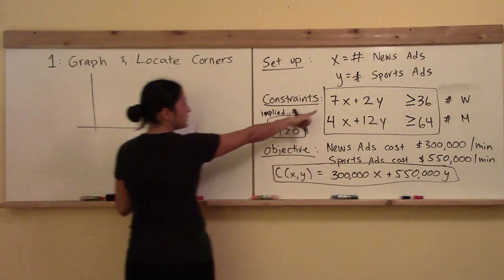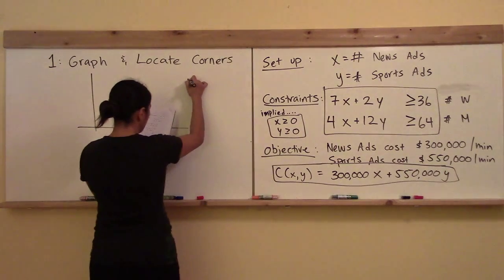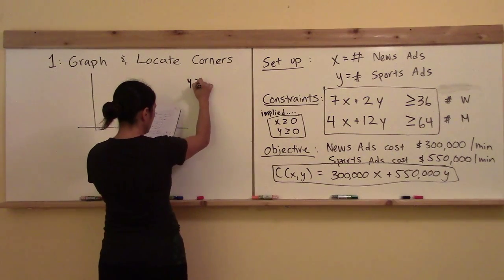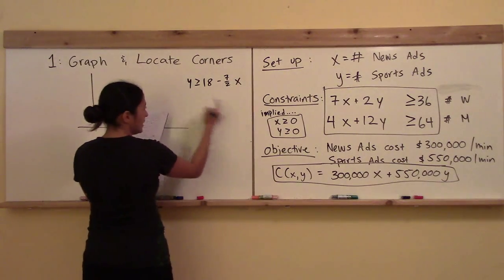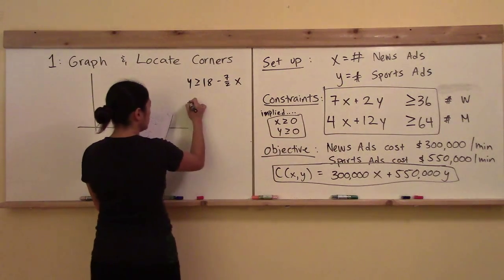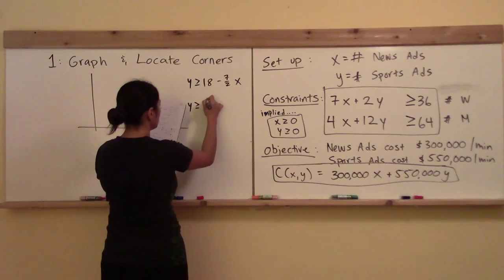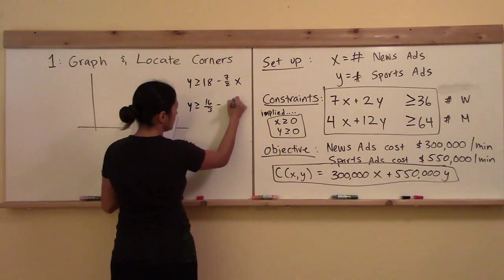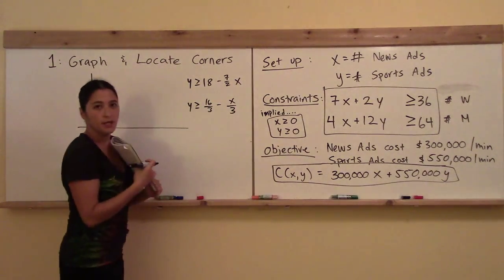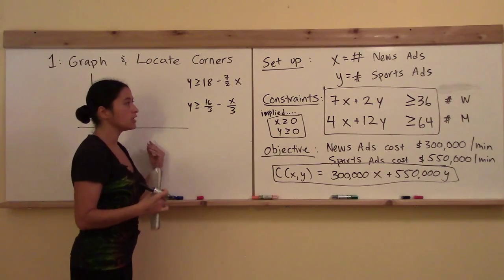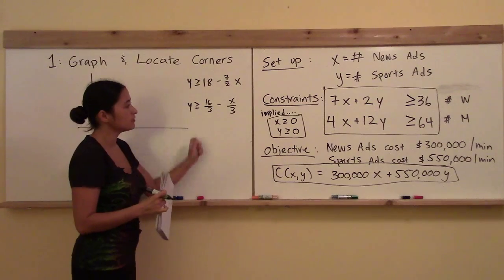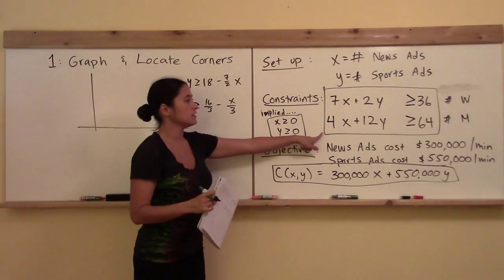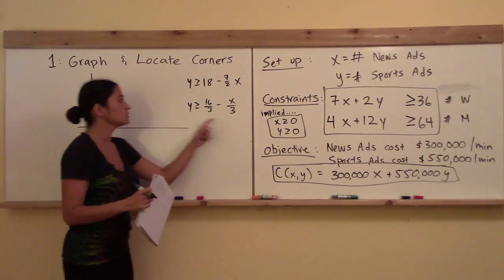So the top equation becomes y is greater than or equal to 18 minus 7 over 2 x. And the second equation turns into y is greater than or equal to 16 over 3 minus x over 3. I want you to do this alongside with me on your page to make sure that you can do it as well. Okay, so the very preliminary step is rewrite these in terms of just y equals.